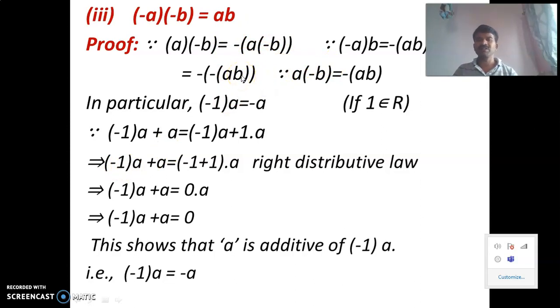Because minus into minus, the result is clear.